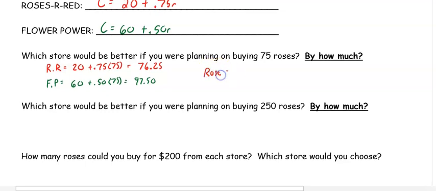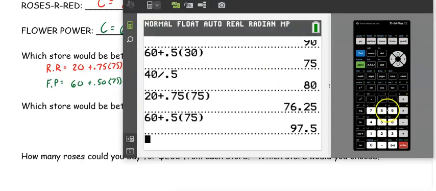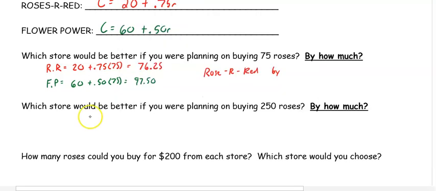So we would say Roses Are Red is cheaper by, then to figure out how much the better value is, we're going to subtract the higher price minus the lower price, to say that it is cheaper by $21.25.